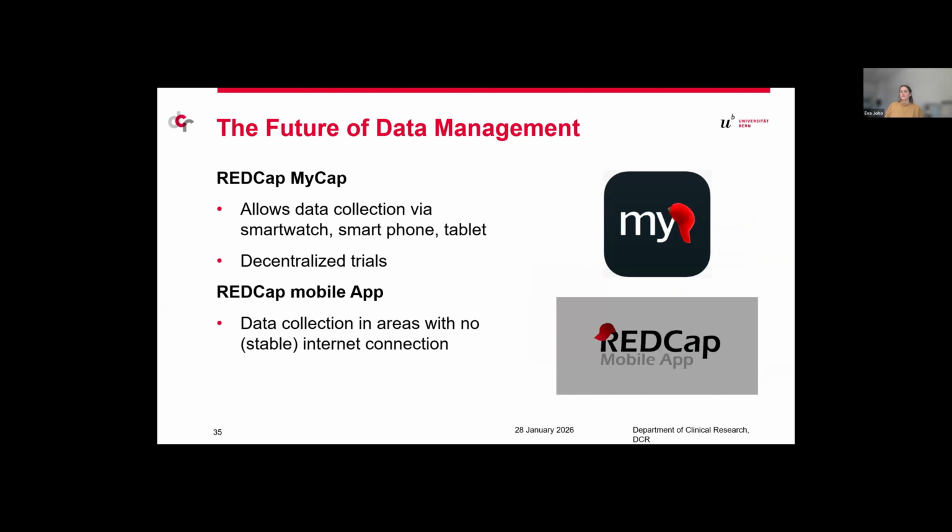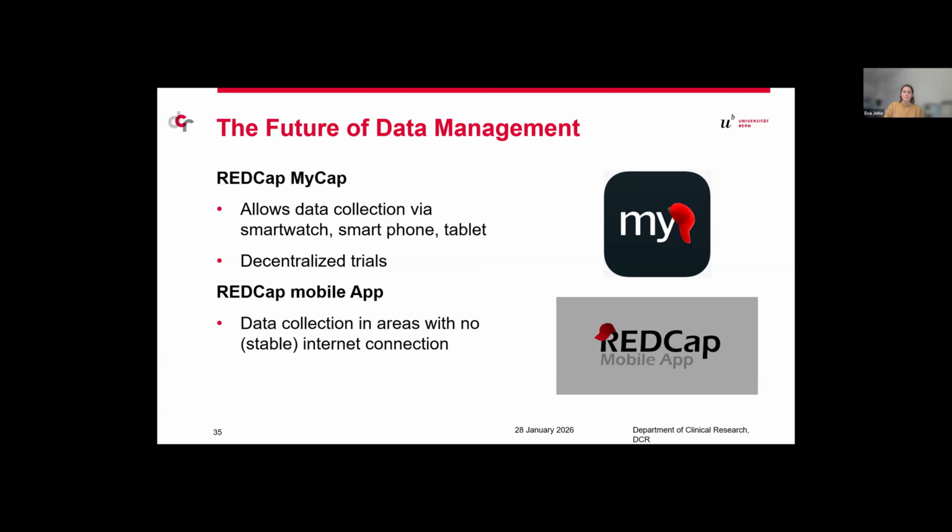And then we have two other things that we are currently looking into or testing. One is REDCap MyCap. This is a feature that allows data collection via smartwatch, smartphone, or tablet. That's ideal for decentralized trials, so that people in areas where not everyone has access to hospitals, GPs and health institutions can also participate in trials just from home.